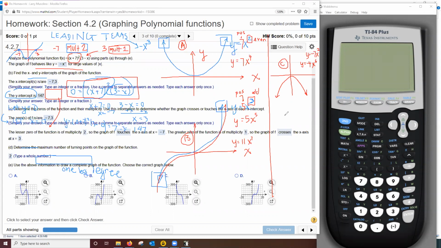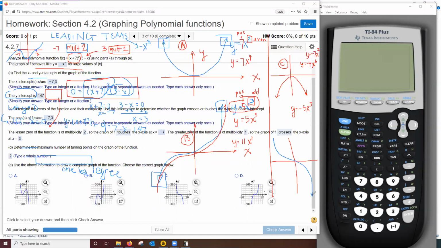Let me do one more. What if I take 5x to the 3rd, but I make it a negative? So now I'm going to make this y equals -5x to the 3rd. Well, again, if I put a negative number in front, remember it's going to reflect the graph on the other side of the x-axis. So whatever was below the x-axis flips to the above, and whatever was above flips to be below.